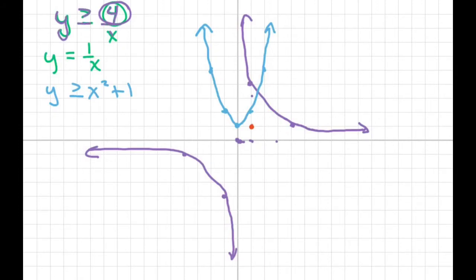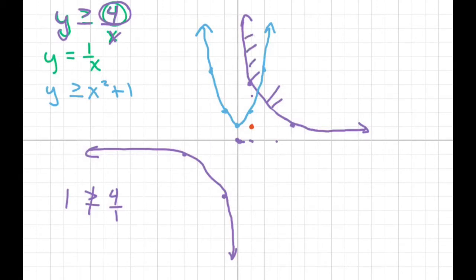If I plug in 1, I get 1. Is that greater than or equal to 4 over 1? No. So instead of shading down from here, we're going to shade up. So this is shading up in here.